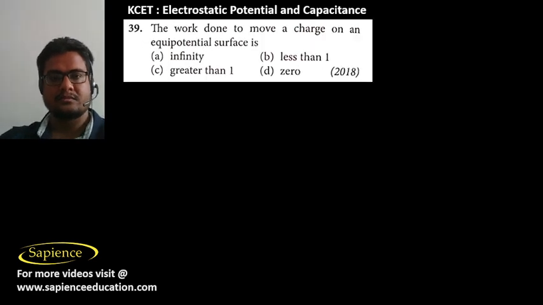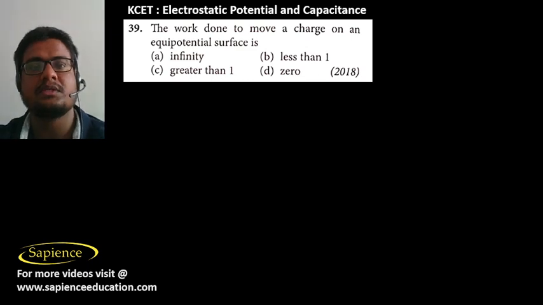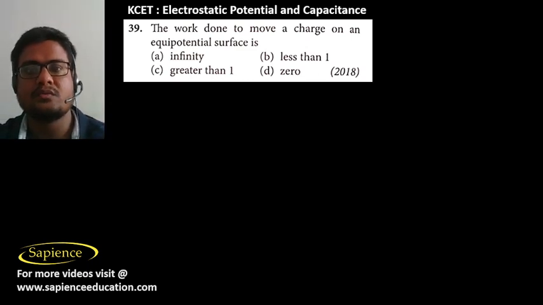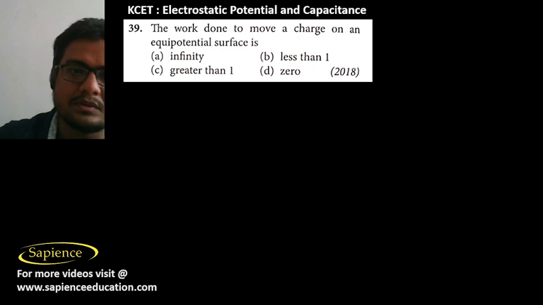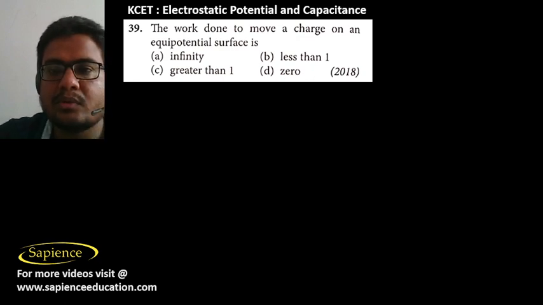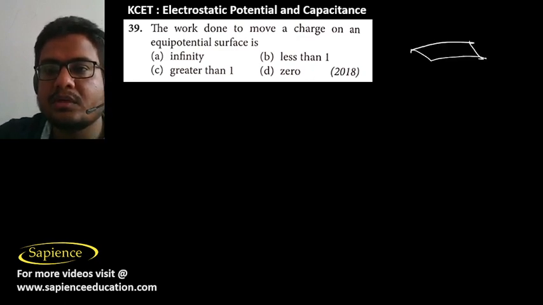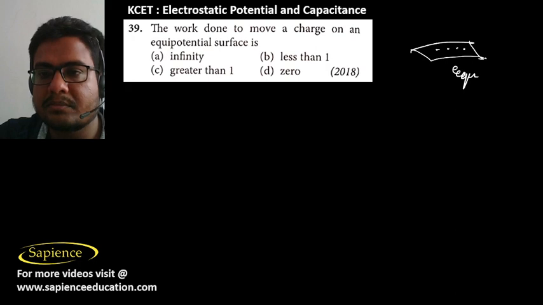Then in question number 39 it is told, find the work done to move a charge on an equipotential surface. So if we have an equipotential surface, then at every point the electric potential will be the same.